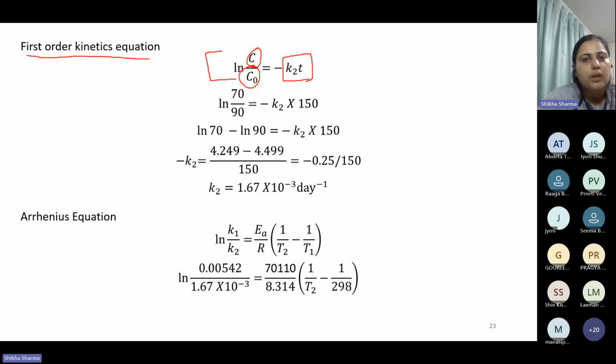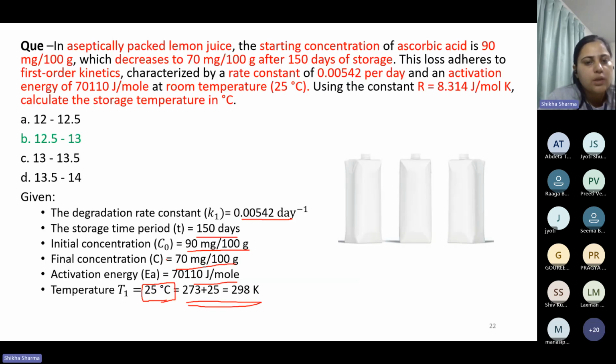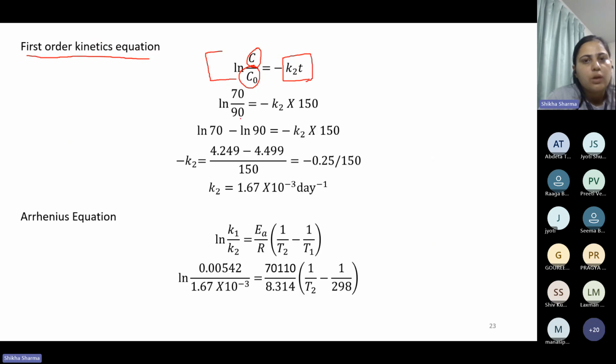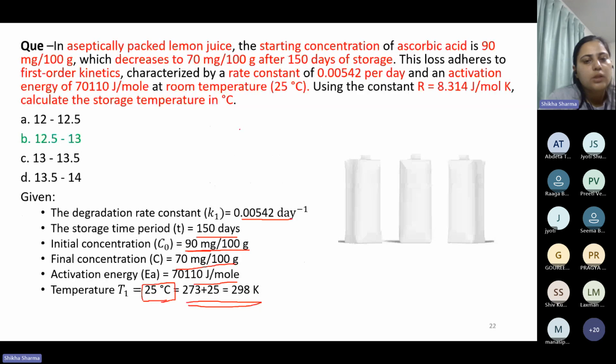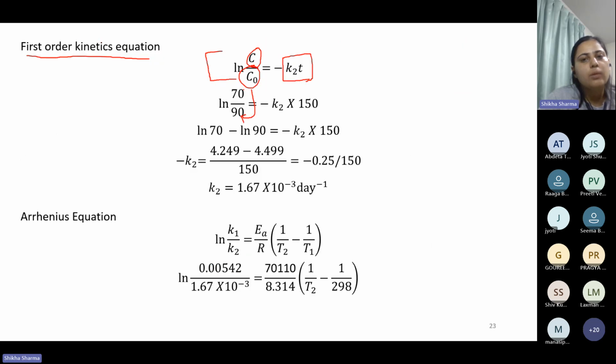The initial concentration is 90 mg per 100 grams, at the denominator, and the final concentration is 70 mg per 100 gram, at the numerator.